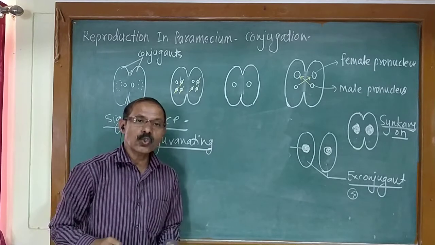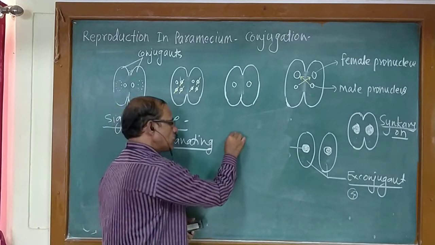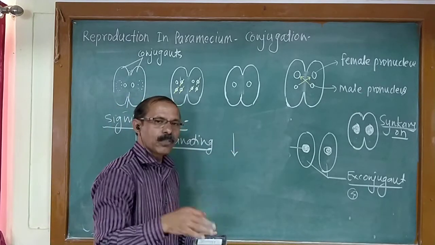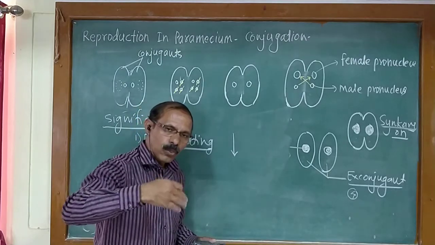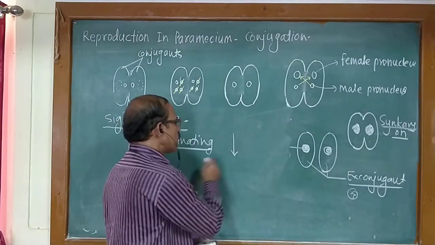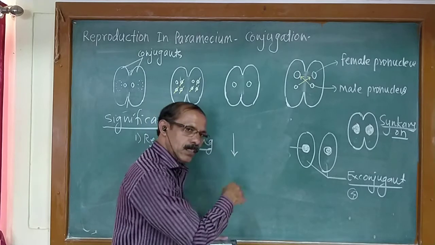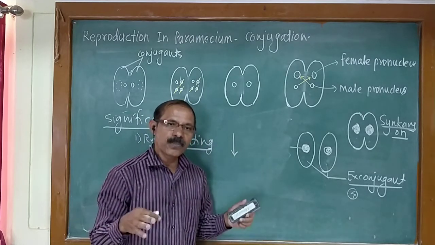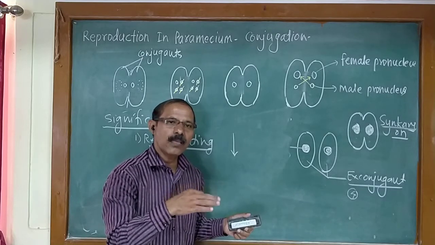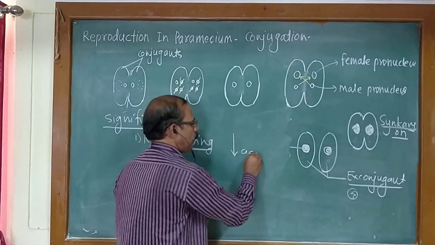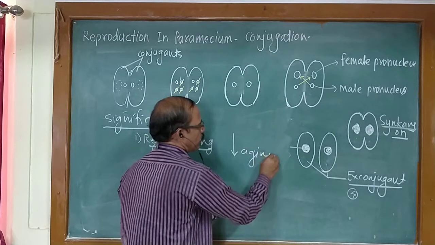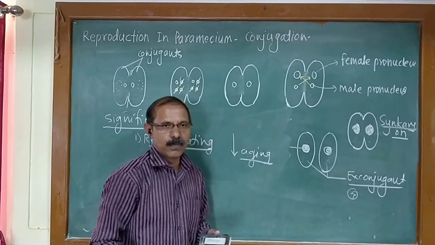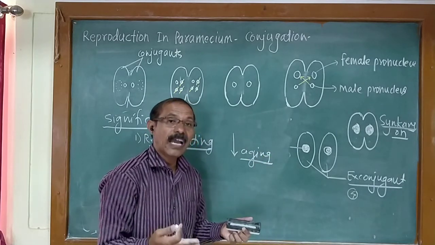Due to successive asexual reproduction, the vitality of the colony becomes weak. Paramecium becomes weak and its metabolic activity stops. This process is called aging.